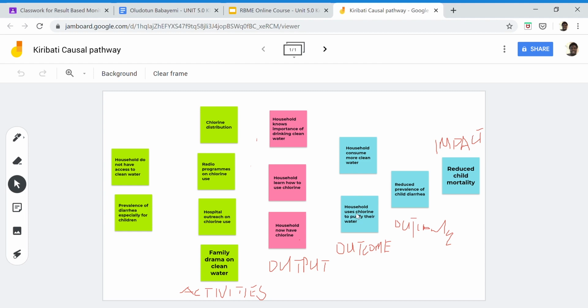This could just be the percentage of households now using chlorine to purify their water.